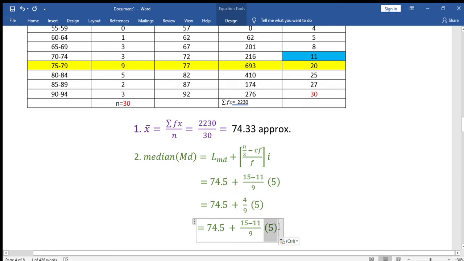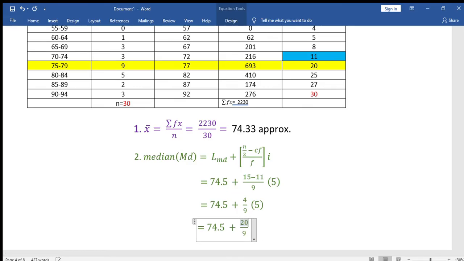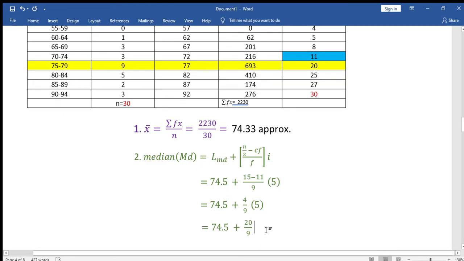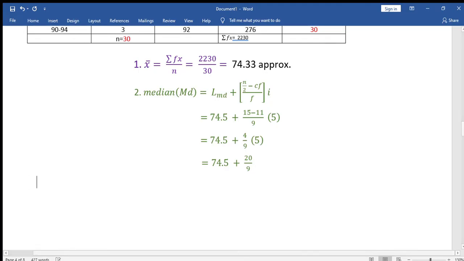So here we have 20 over 9. Okay? We're almost done in getting the value of the median. So here we have 74.5 plus, what is 20 divided by 9? 20 divided by 9 is approximately 2.22. That is the approximate value.